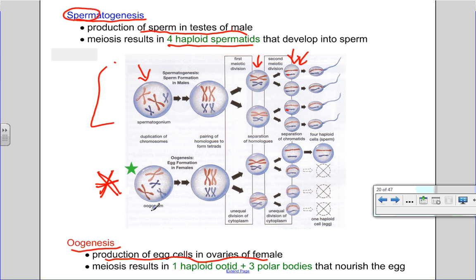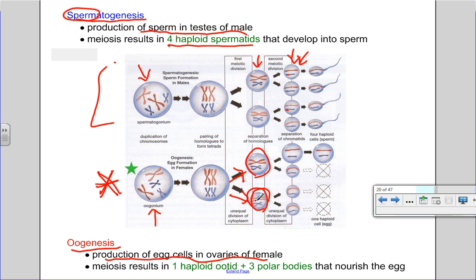We start off with 1 cell that has 4 chromosomes. We have the first meiotic division, and we end up with 2 cells. Oh, but look, this one is much bigger than this one. Because there's an unequal division of the cytoplasm, this bottom one is actually not going to be a functional cell. It's not going to be able to survive.